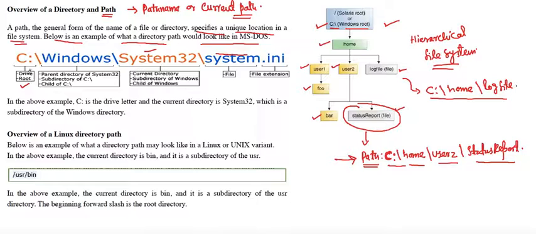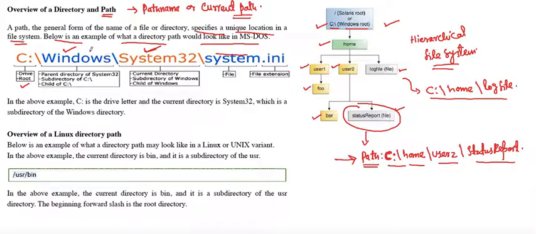First we have drive C, and after that the parent directory of system32, which is a subdirectory of C, so it is the child of C. Under this directory, Windows, we have another subdirectory called system32, which is a child of the Windows directory.